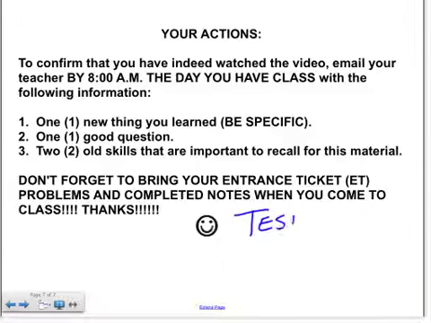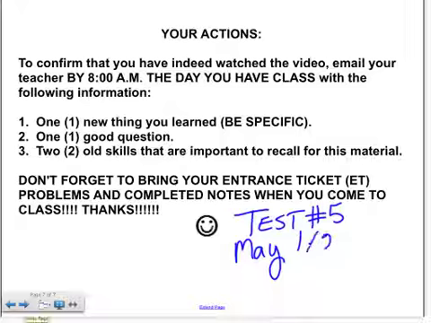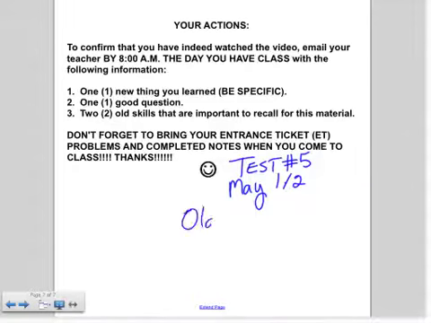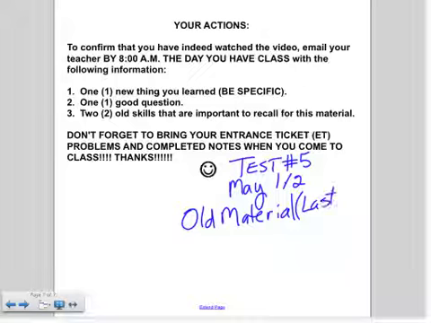And we have a test, number 5, coming up on May 1 and 2. It has the old material, the stuff from last chapter, including the nice little logarithm problem type.